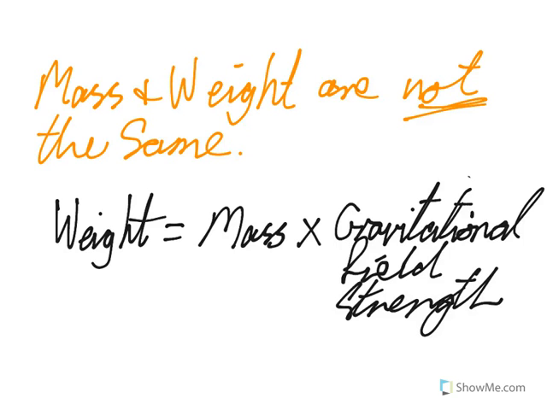We write that in shorthand, and this is the last bit in the notes, as weight equals mg. Now it is a vector, and it's in the same direction as the gravitational field strength, which is towards the centre of the Earth if we're standing on the Earth.